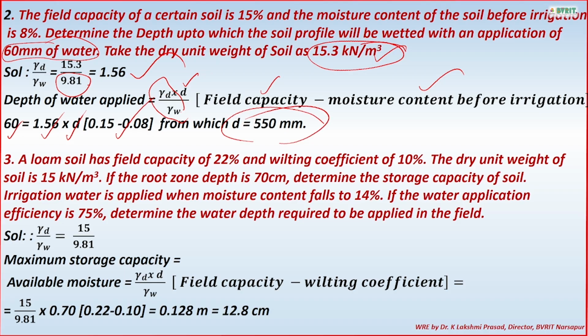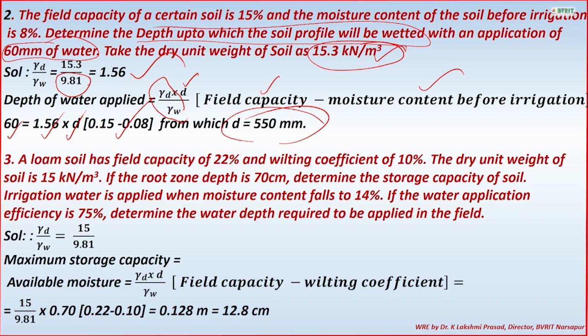So basically the depth of soil is equal to 550 mm. So determine the depth up to which the soil profile will be wetted. That means we want to find out the depth of the soil. This is the second problem, right?